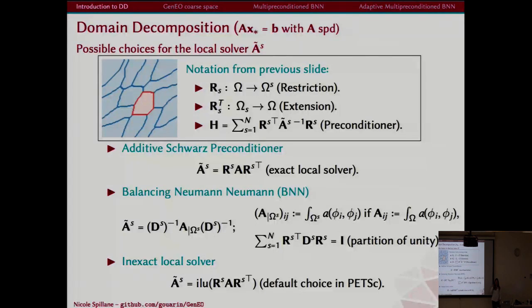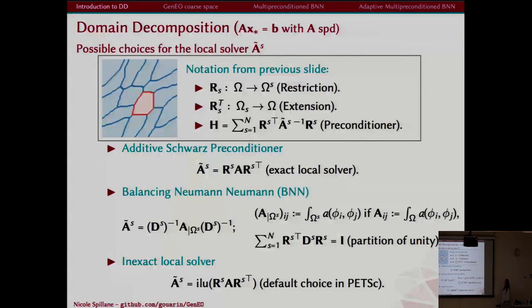So you get a block of the matrix that corresponds to the degrees of freedom for that subdomain, and then if you plug that into H, well, basically what you're getting is very similar to a block Jacobi preconditioner, except you have overlap between the blocks, because the degrees of freedom that are on the interfaces between subdomains belong to several subdomains.